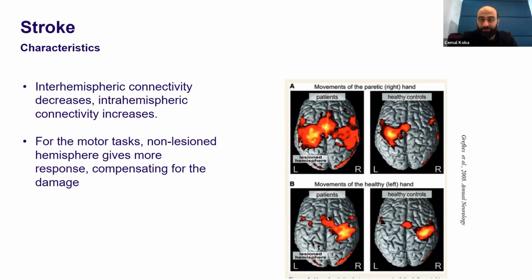In this study, for example, you can see the lesioned hemisphere is giving less signal to a certain task. However, the healthy hemisphere is trying to compensate for the lack of neuronal response.